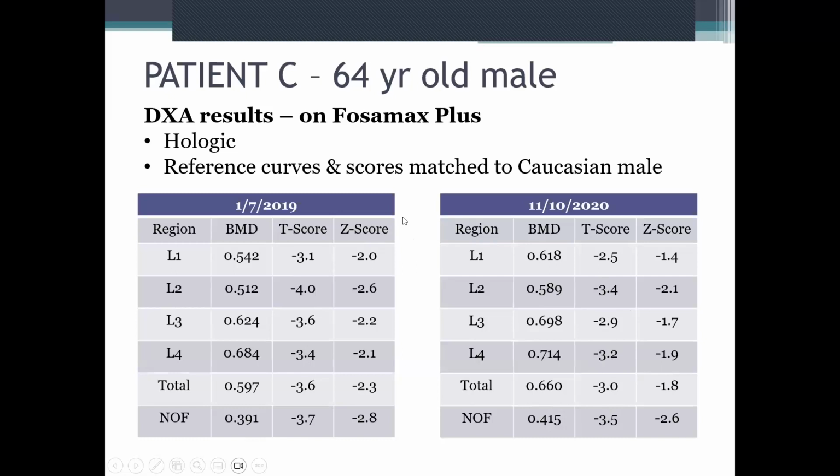And the Z scores, actually look at the scores in relation to age, if they are matched to age. So if it is less than 2.5, then you can deduce that the BMD decline is more rapid for this patient's age.